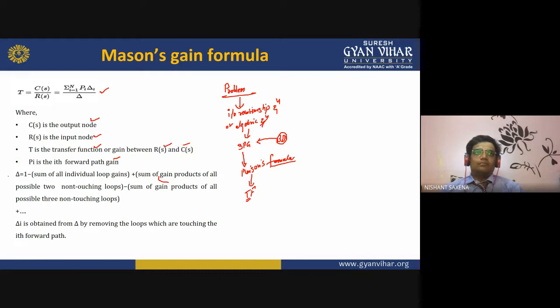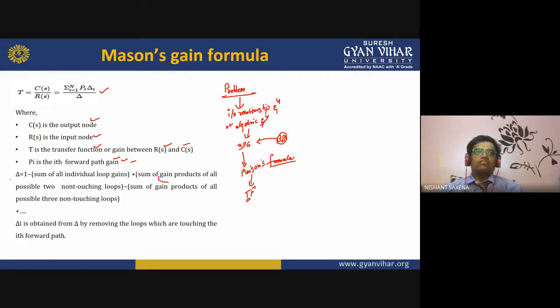And delta_i is the associated factor; it can be obtained by removing the loops which are touching the ith forward path. That means all the loops which are not touching the ith forward path give delta_i, and delta is the net equivalent determinant.